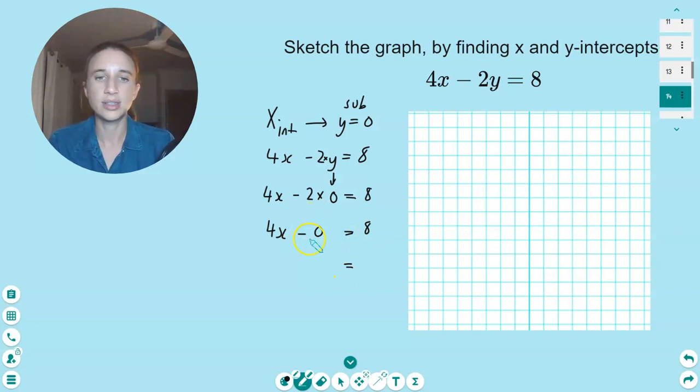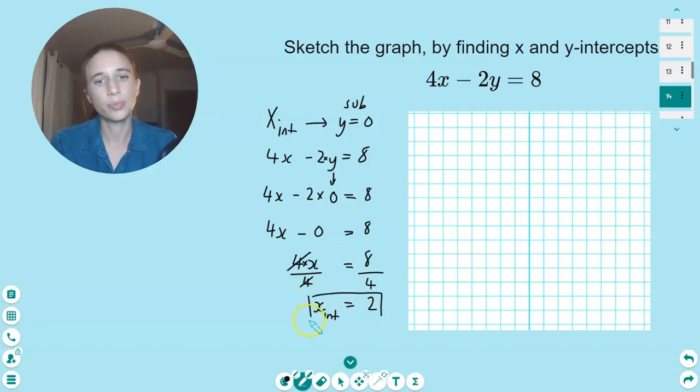Well, taking away 0, it's just this, you don't even need to write the 0. 4x equals 8. Well, there's an invisible multiply sign. Divide by 4. Divide by 4. And that cancels, and we're left with the x-intercept is 2.